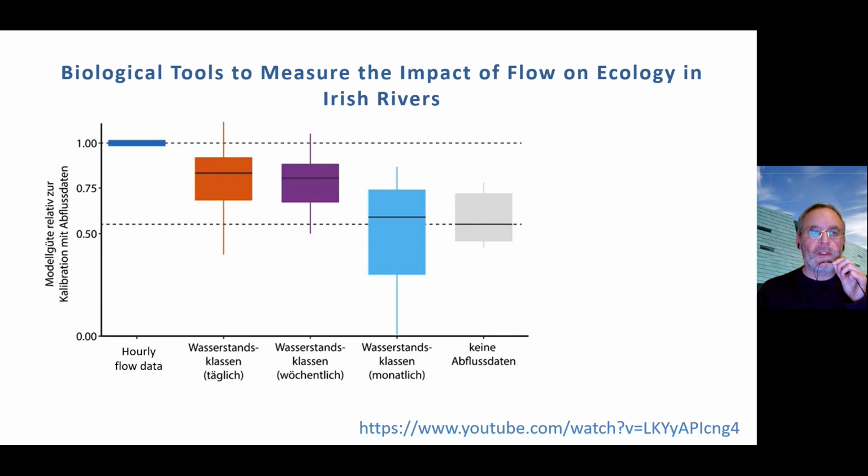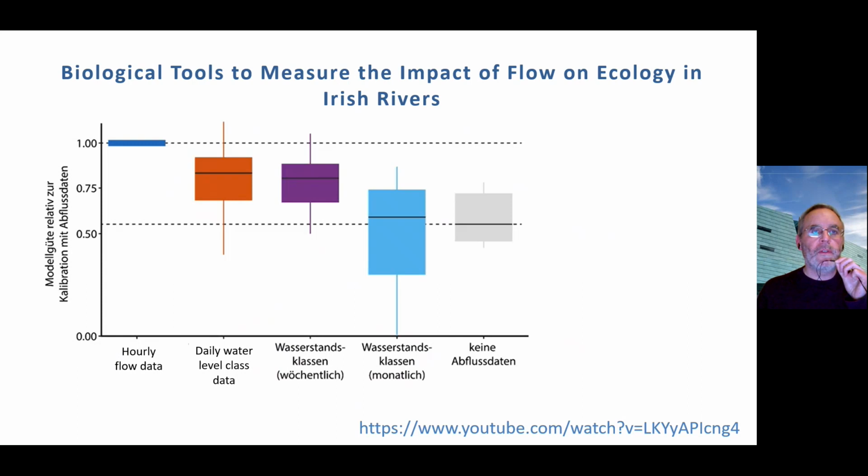What they did then was compare the hydrological models calibrated using this type of data with models calibrated using water level data, like the data you can get from the Crowdwater app. Here we have the results from using daily water level, so recordings taken every day using those water level classes from the virtual staff gauge.